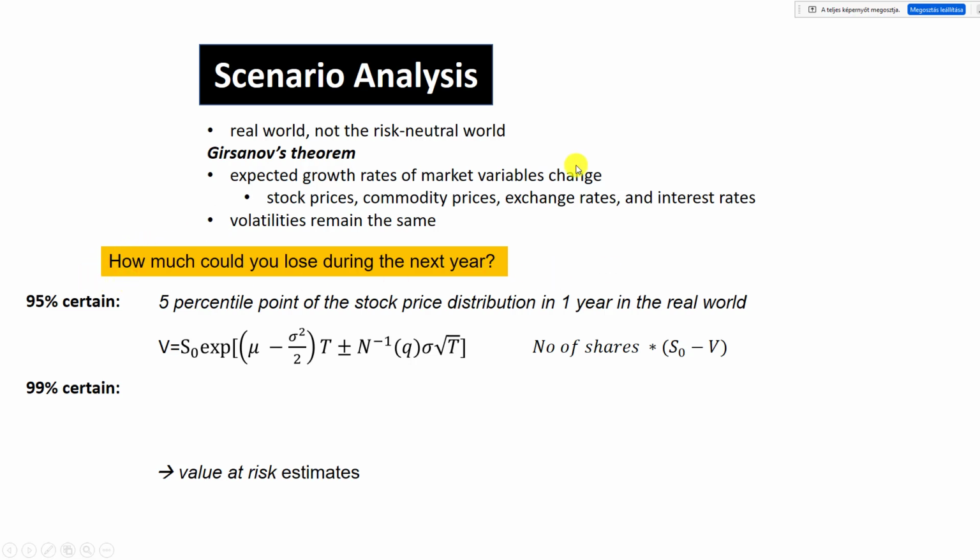Okay, so the big question in the case of scenario analysis is how much could we lose during the next year. So what is the capital or money or investment at risk? In the case of regulations and laws, at least for credit institutions or investment funds inside the European Union, and I think elsewhere as well, they always have these thresholds of 95% or 99% certainty, and we always have to calibrate this value here.